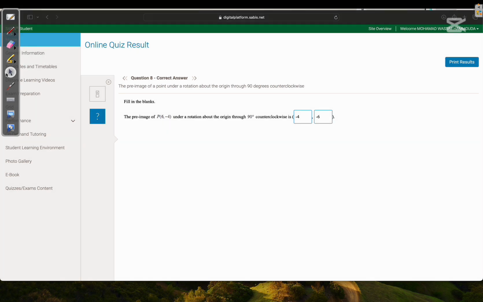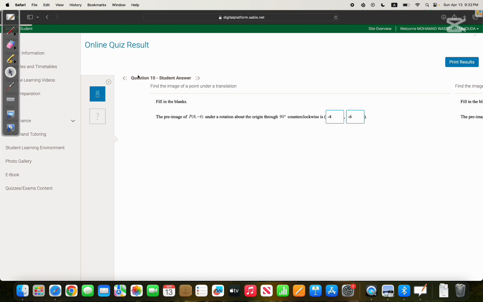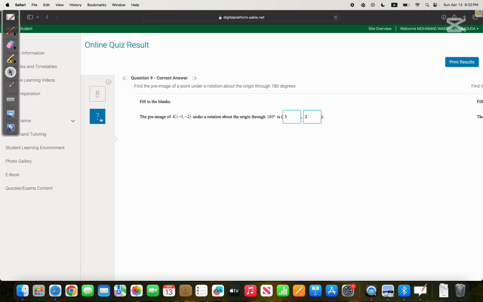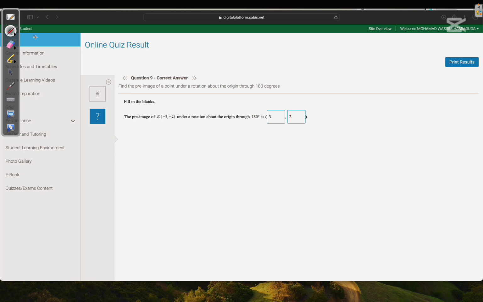Okay, number 9. The pre-image of K (-3, -2) under a rotation about the origin through 180 degrees. There is no 180 degrees counterclockwise or clockwise, so 180 degrees is just (-x, -y). So here it's simply (3, 2).